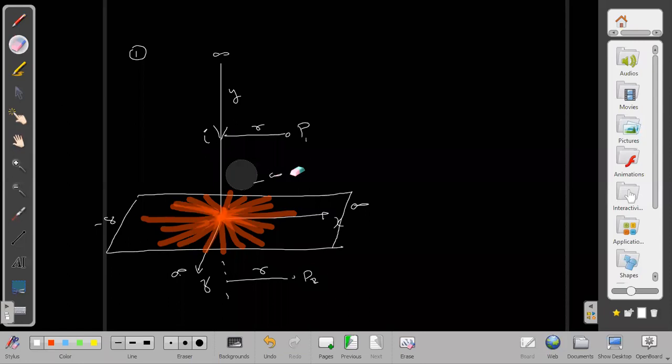Can you find this? Zero. Where is the field zero? Which place is it zero, and why?